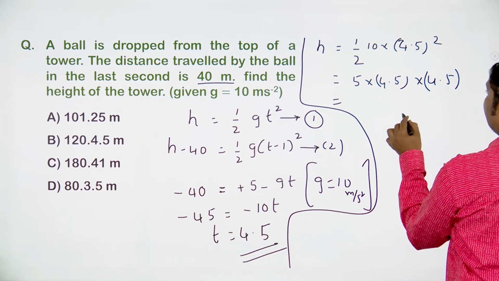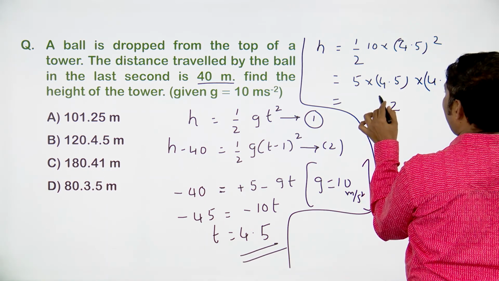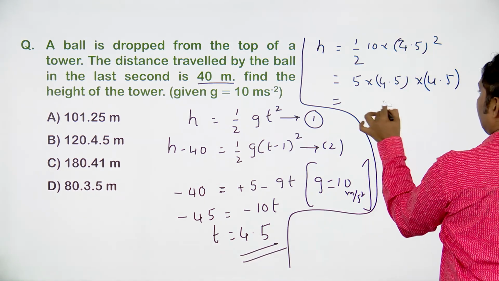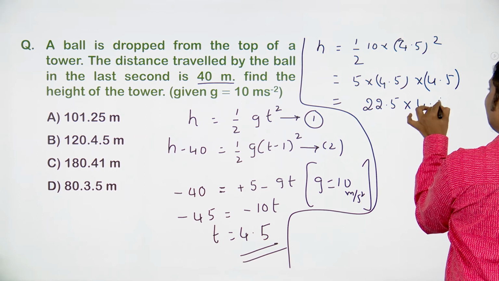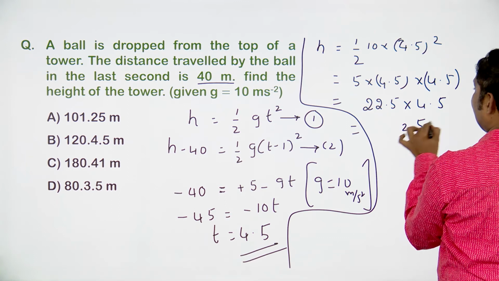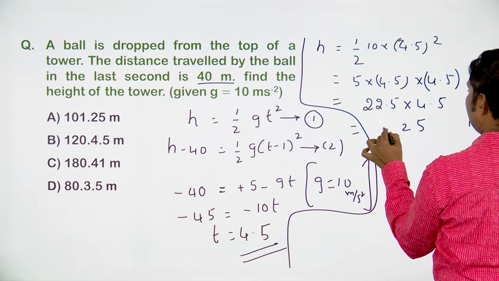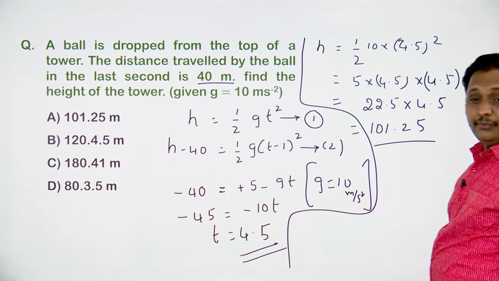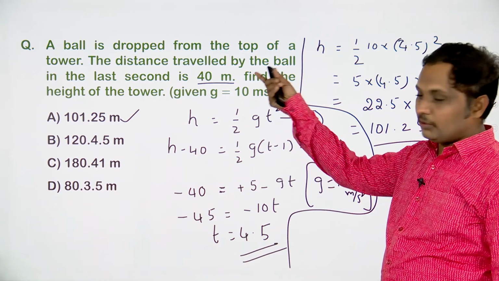That is 22.5 into 4.5, so you will get 101.25. So h is 101.25 meter. Easily you will get that. In this way we will solve the problems.